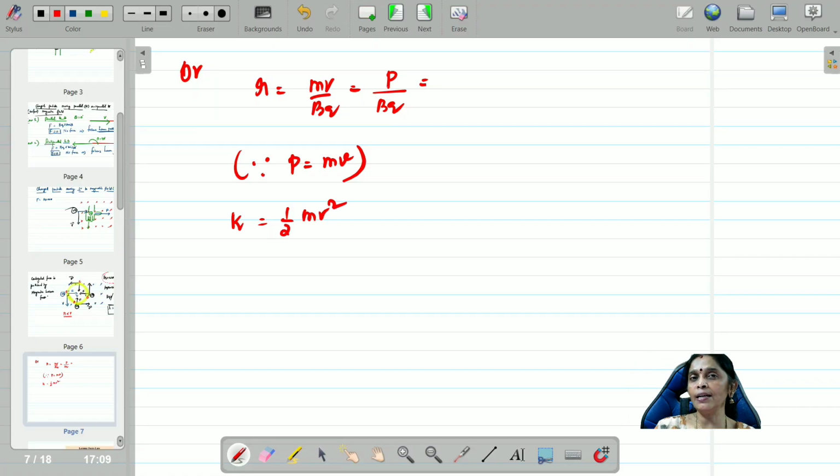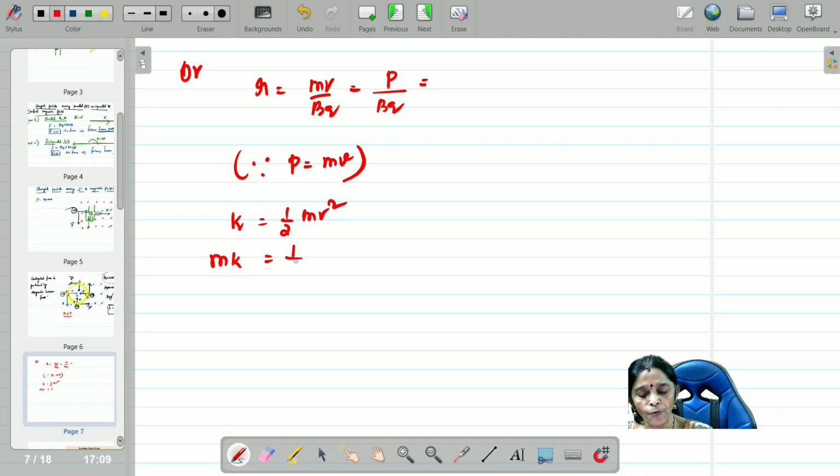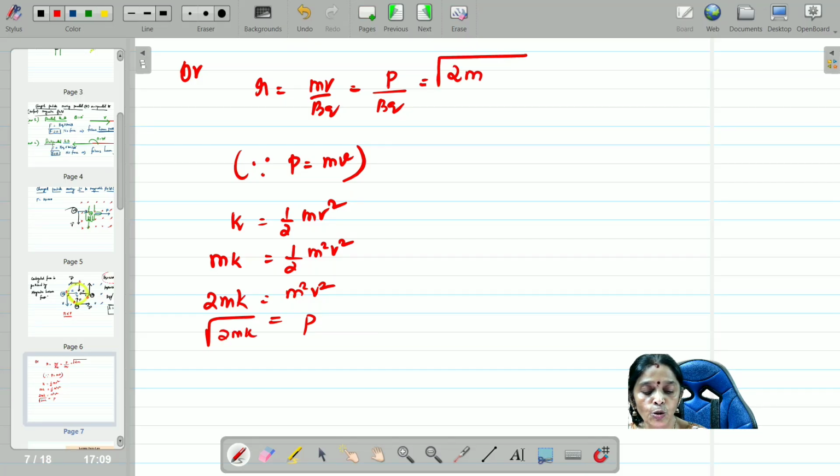Last year in 11th standard we learned this, children. Now what you do is very easy: multiply left hand side and right hand side with mass. So mK is equal to half m squared v squared, because I wanted to bring it in terms of momentum. So 2mK is equal to m squared v squared, or p is equal to root of 2mK. Therefore I can write r as root of 2m into kinetic energy divided by BQ.